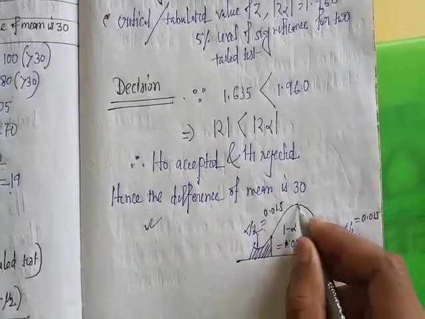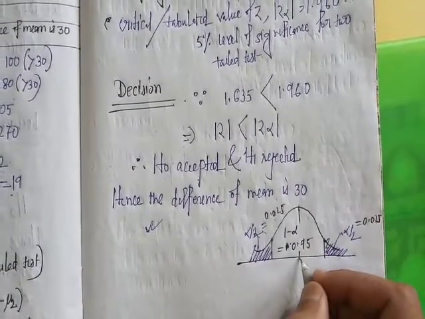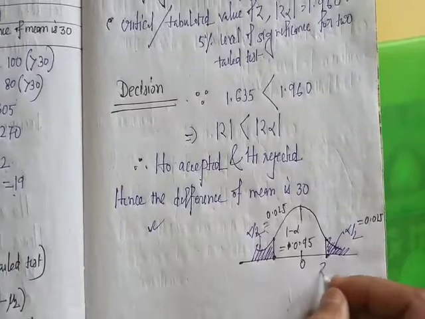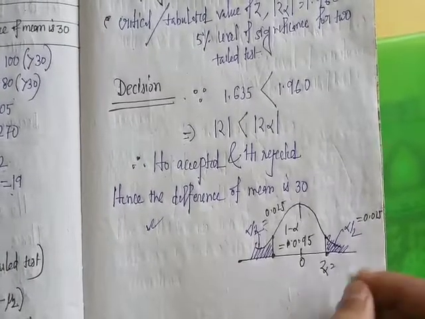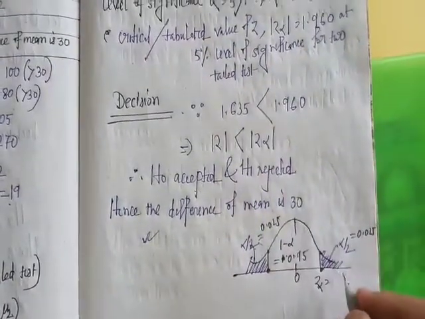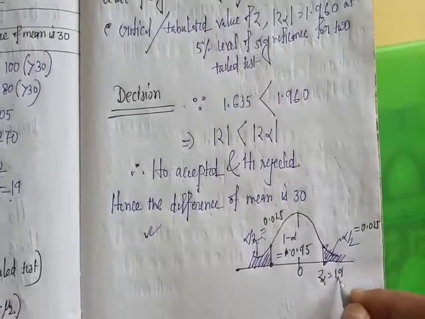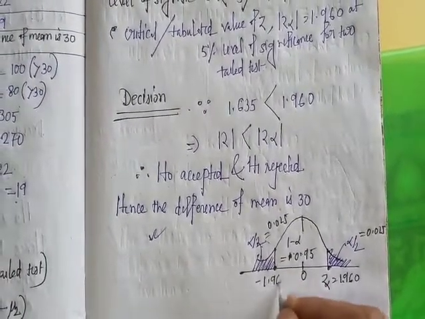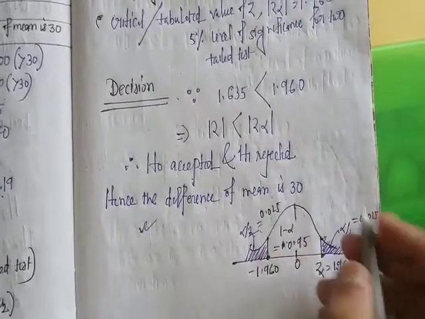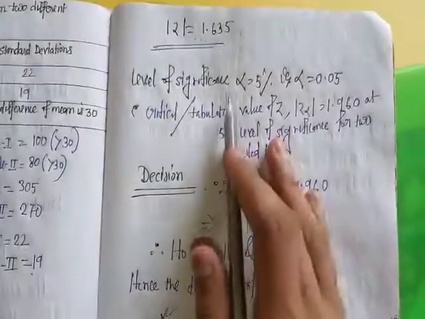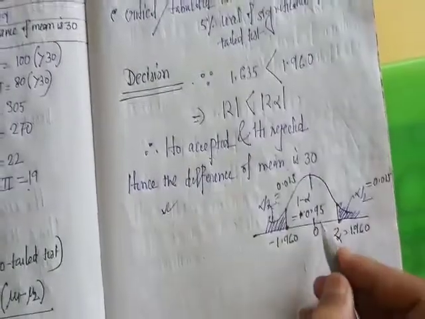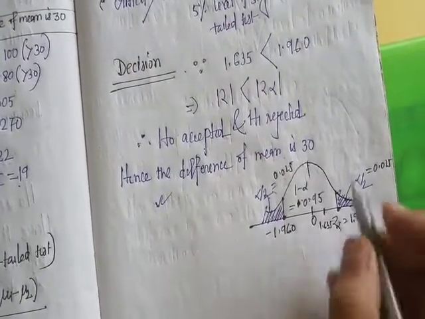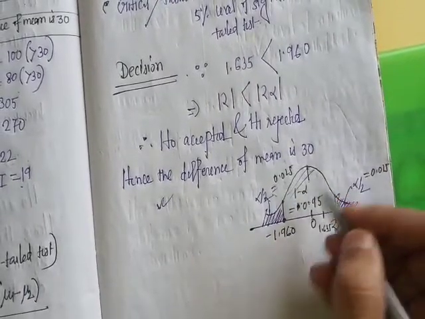So this is 0, and this is the critical value. The critical value for 5% level of significance, Z alpha, equal to 1.960, and this is minus 1.960. Since the calculated value equal to 1.635, Z lies in this region.